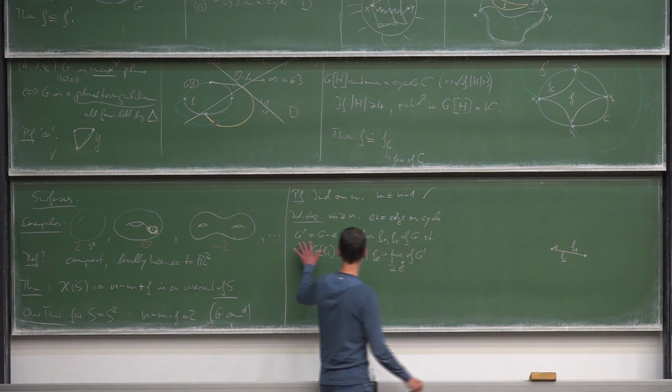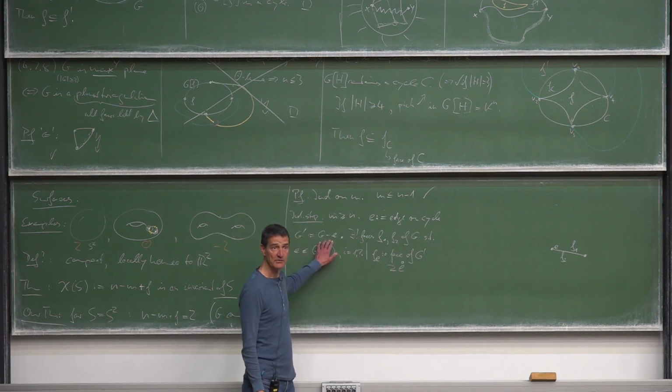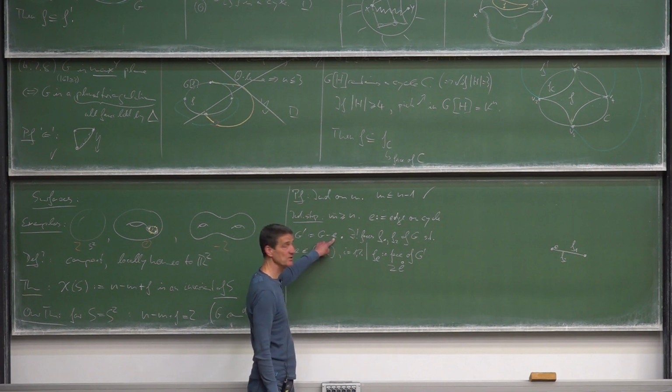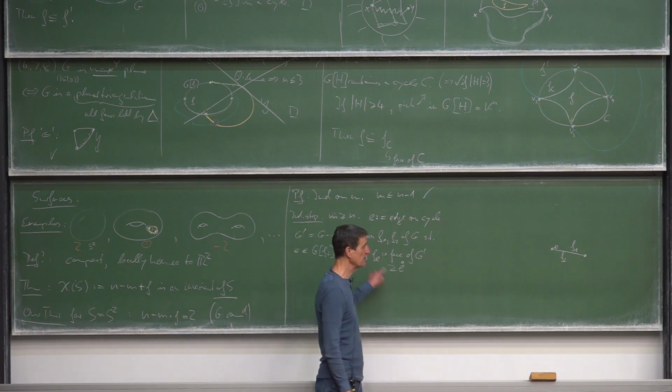Right, G prime is G minus E. So in G minus E, in the drawing, all the inner points of E are pairwise equivalent, so they all live in the same face, and we'll call that face Fe.